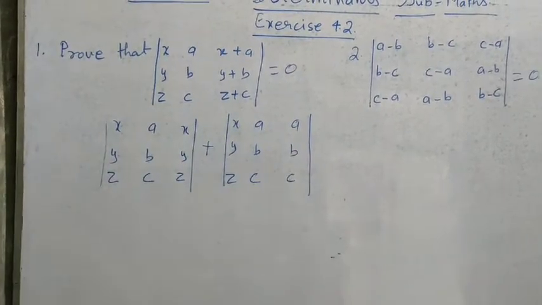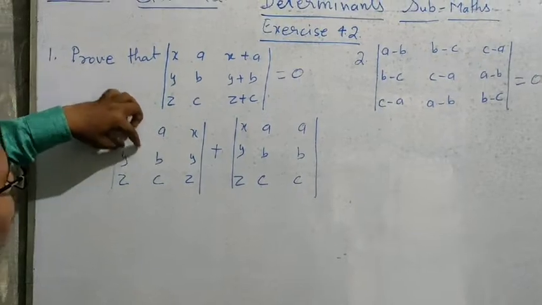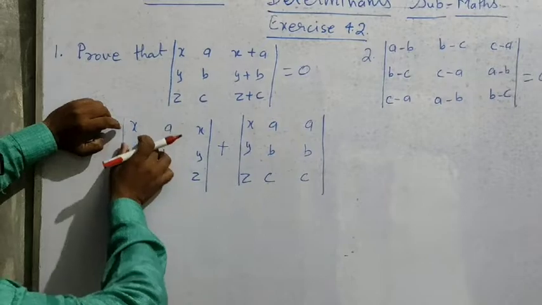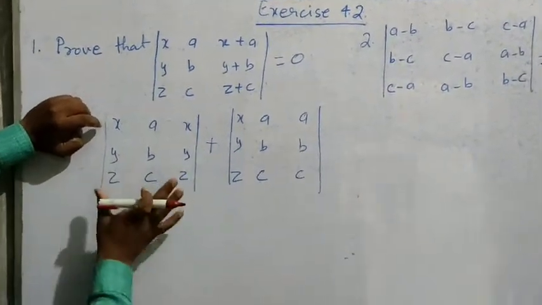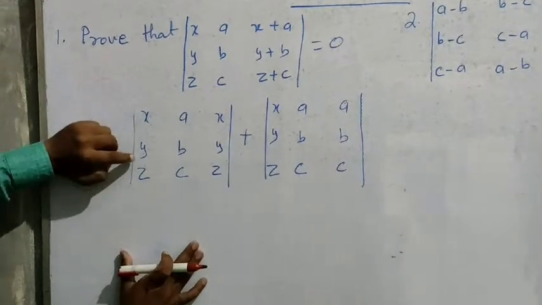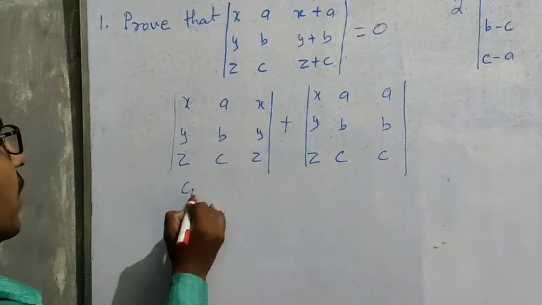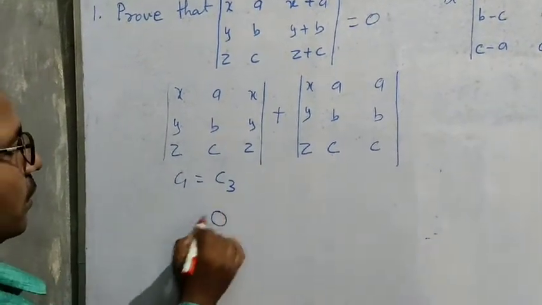So now students, we have split it by using property number 5. Now another property: if any two rows or any two columns of a determinant have all elements identical, then its value becomes 0. That means X, Y, Z and X, Y, Z, so column first is equal to column third, and its value will become 0.